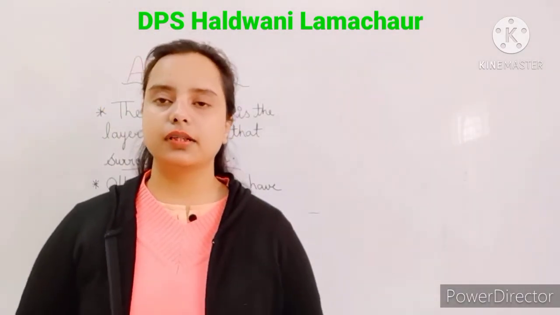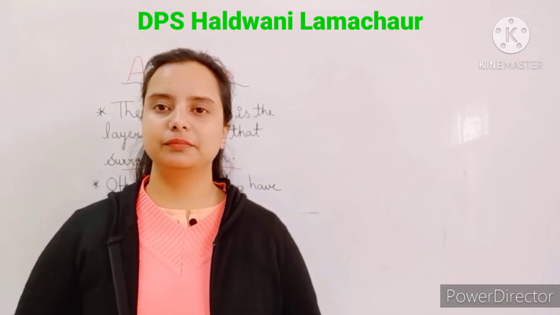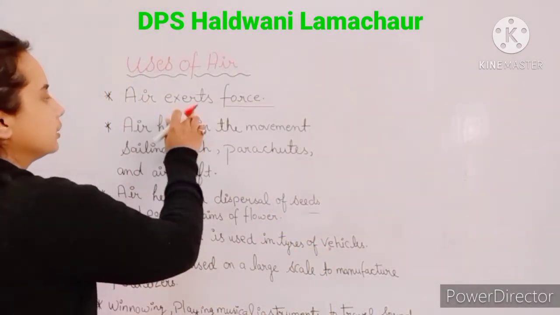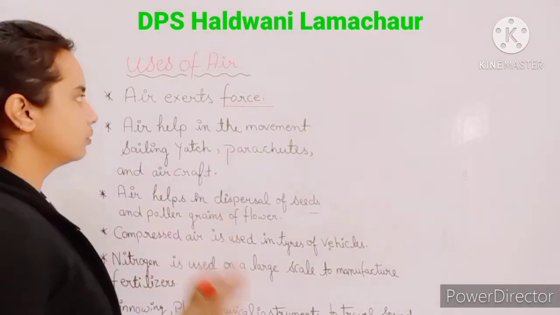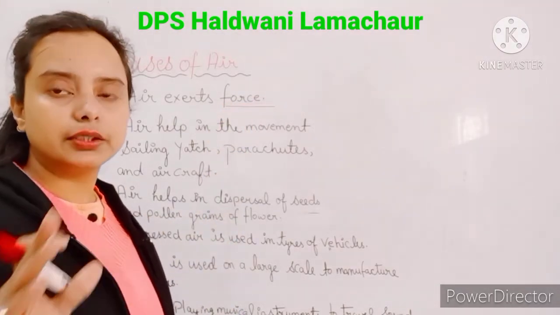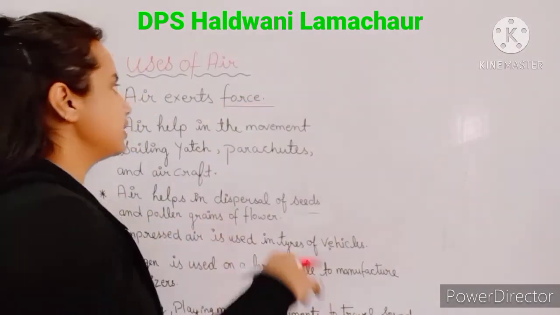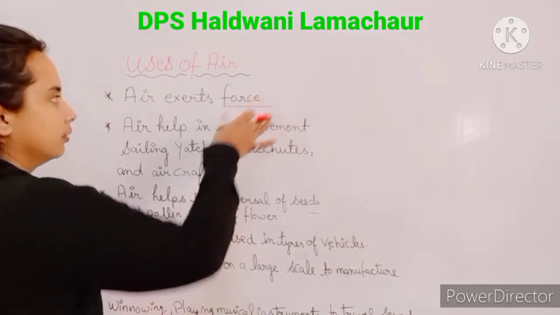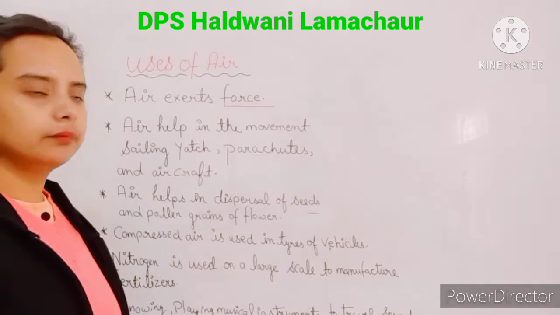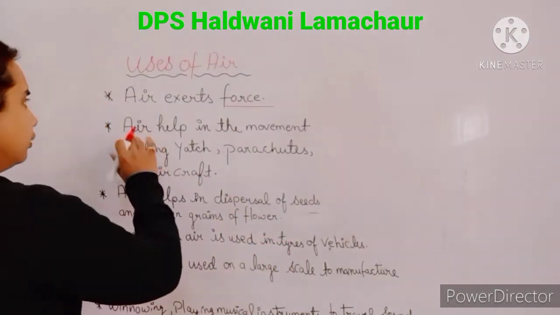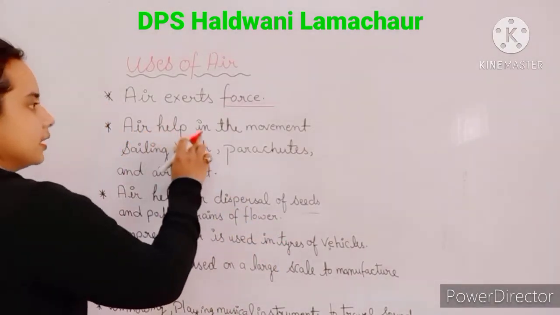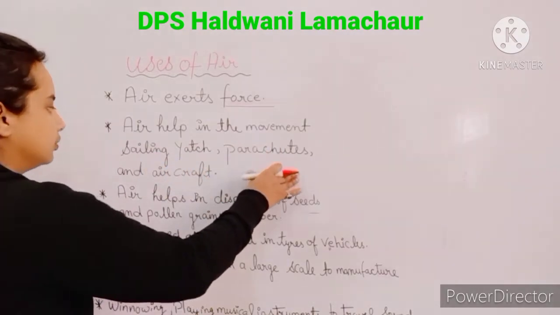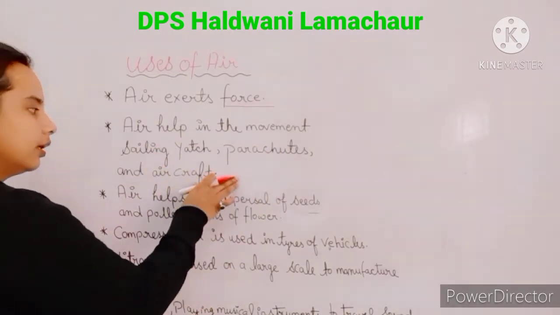Now let's see what are the uses of air. The first use of air is that air exerts force. Air applies pressure in all directions, and hence it exerts force. This is a very important use of air. The second use is that air helps in the movement of sailing yachts, parachutes and aircraft.